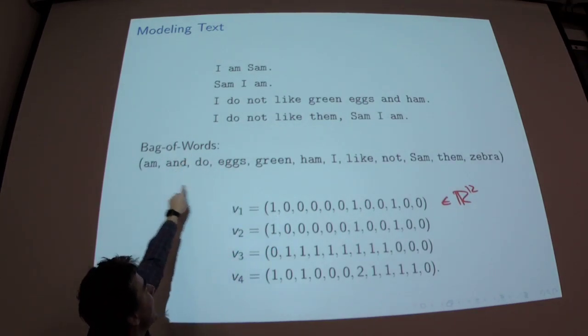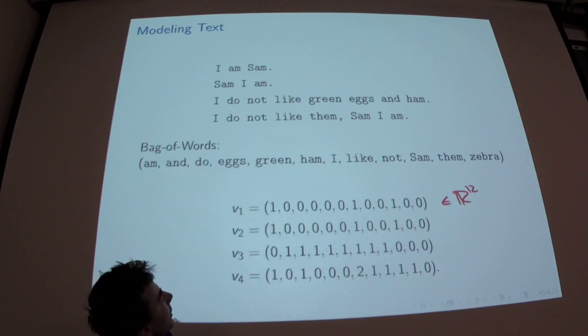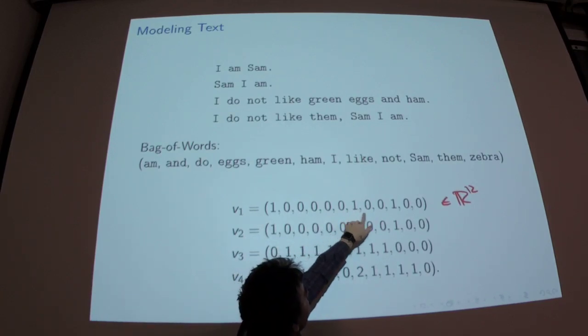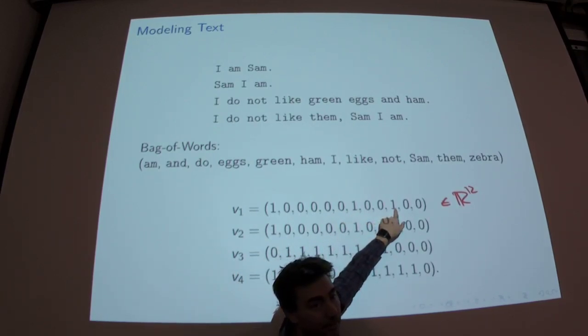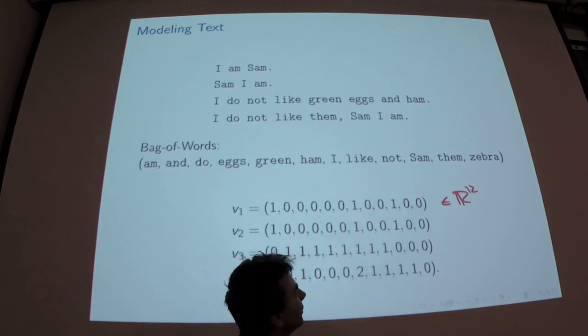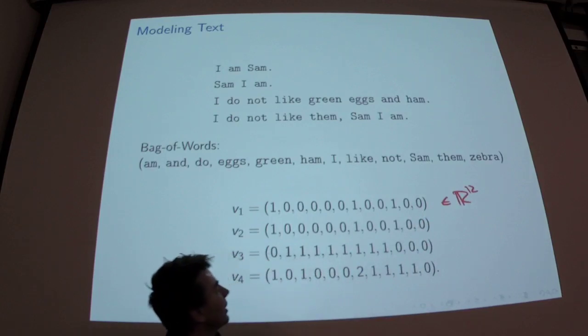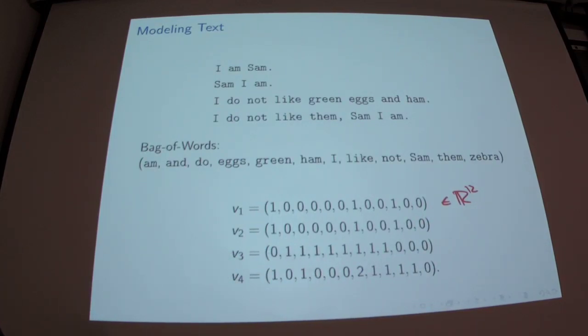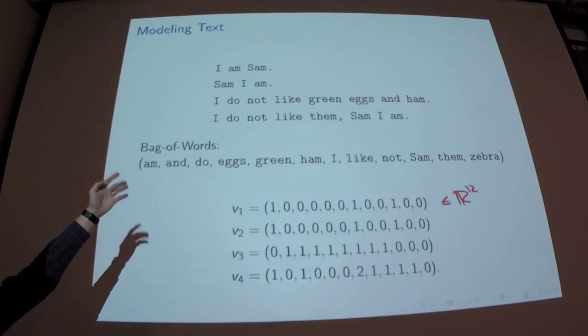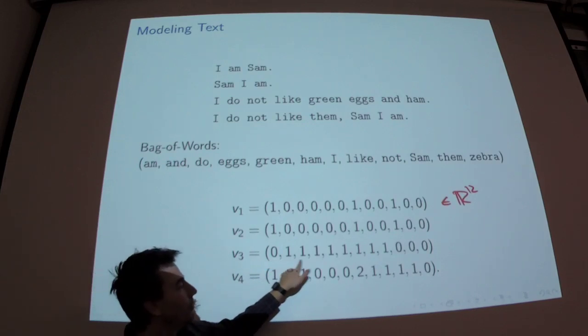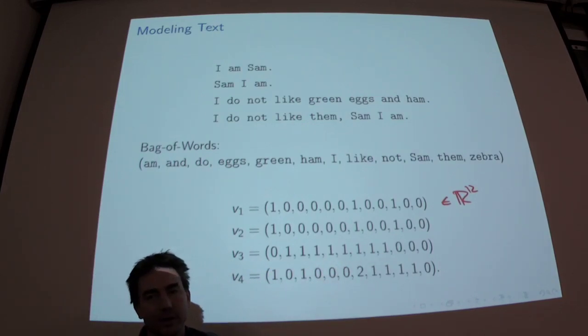The and never occurs, so I get a 0. This should be I, and this one should be Sam. The rest are zeros. Zebra I never use, so it's all zeros here. I think everything else I use at least once.